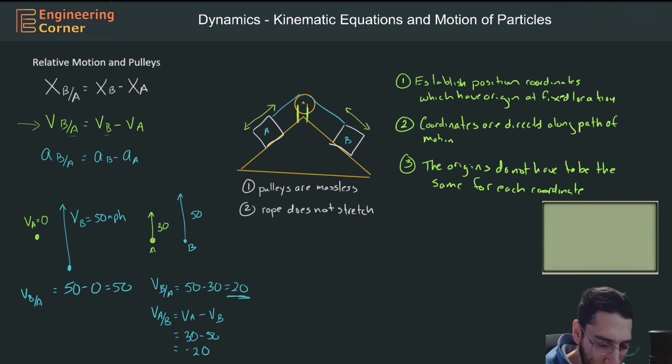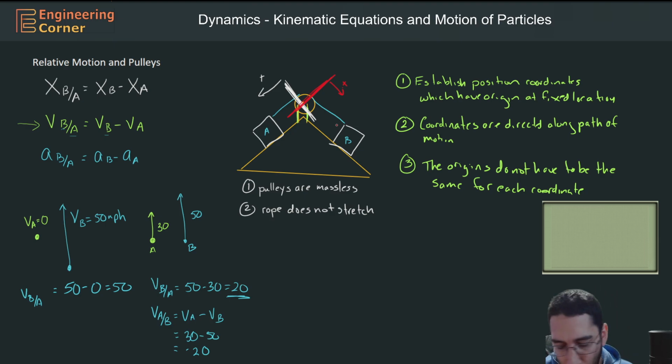From my fixed point, I want to define this line right here, and this is going to be the positive direction. Now I want to add up the total length of the rope.